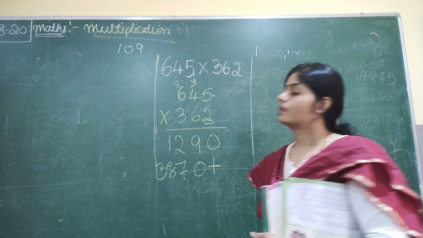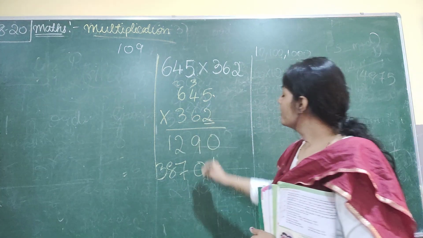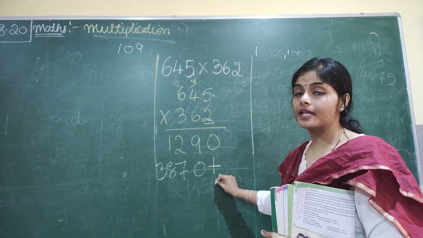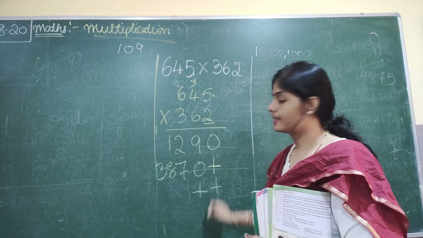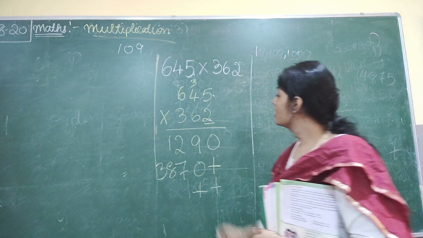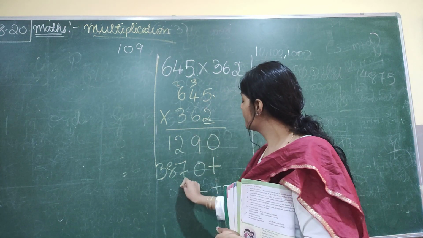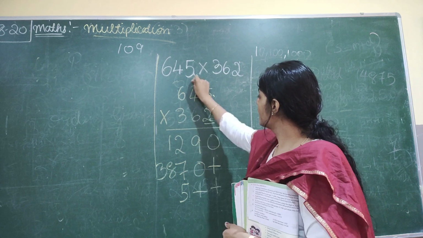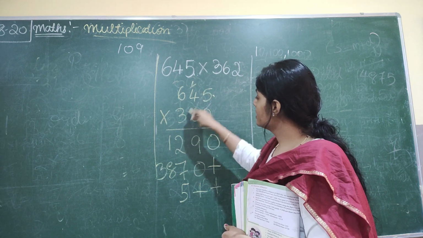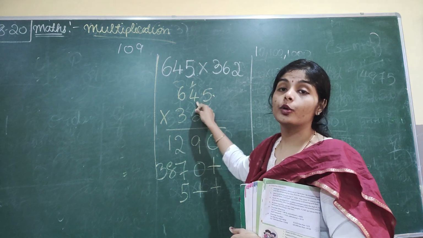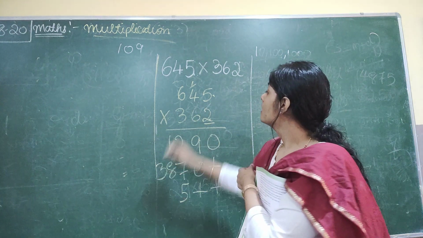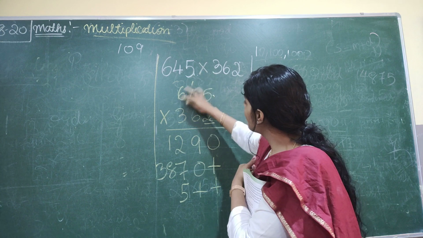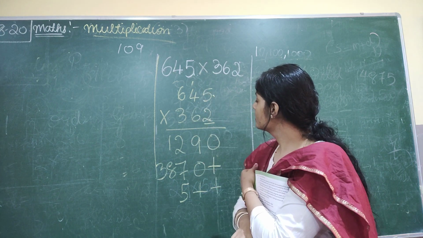Got it? Next. 3 5s are 15. So how should we put the plus before multiplying? Second number, so plus, plus. Got it? Now 3 5s are 15, 5, 1 carry over. 3 4s are 12 plus 1, 13.